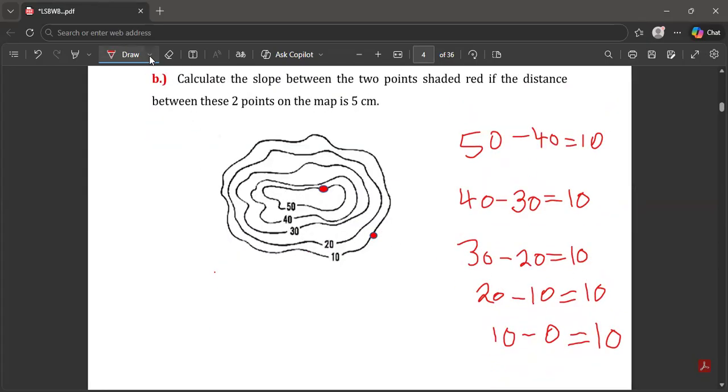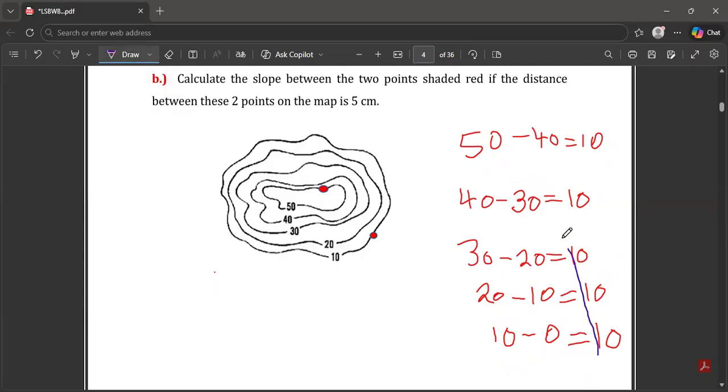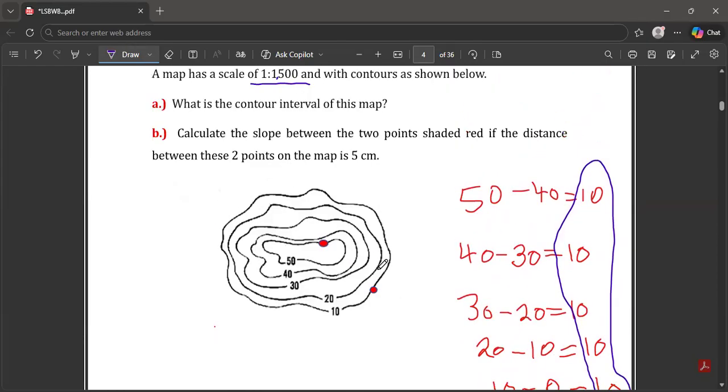So it is well defined. Do you understand me? Once you're able to check all these factors and they are uniform, then you know that you're on the right path. Let's proceed with solving our question. From this experiment, we have just realized that our contour interval is 10.